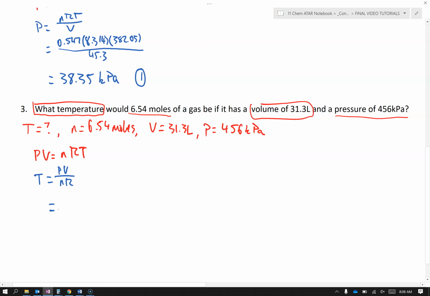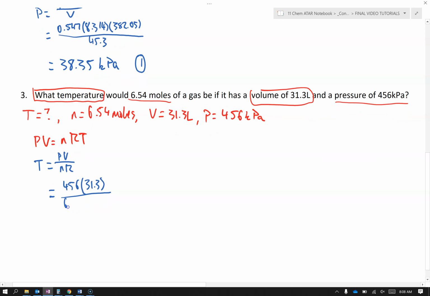Let's substitute in some values. 456 of pressure times by a volume of 31.3. Divide all that by 6.54, because that's my number of moles, and multiply that by 8.314, because that is my universal gas constant. Chuck those all together, I get a value of 262.5 Kelvin.